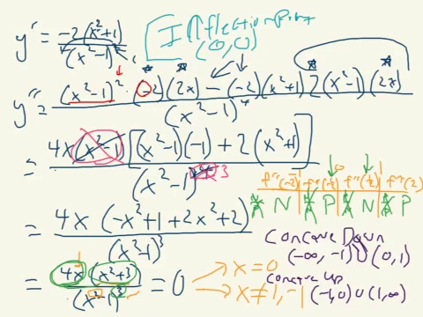Now we're ready to graph this. Okay, graphing. So assume you have all your key information in front of you. There is going to be a vertical asymptote at x equals 1, vertical asymptote, x equals -1, horizontal asymptote, y equals 0.